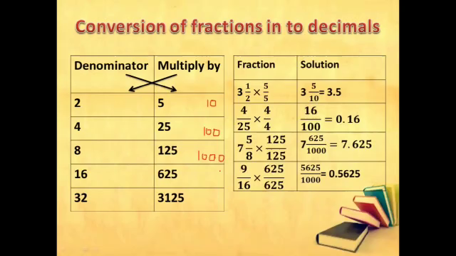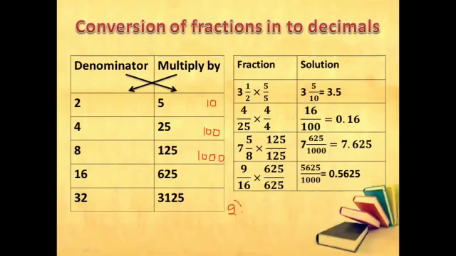Without dividing the number also, you can find the decimal fraction and the decimal point very easily. That is, if it is 3 1/2, changing: 2 3s are 6 plus 1 is 7/2.